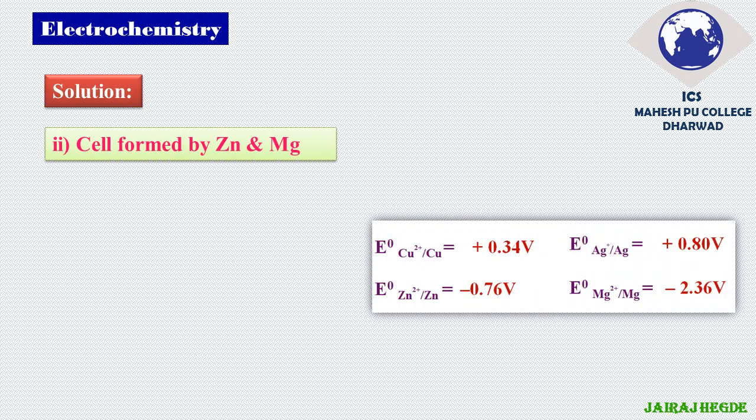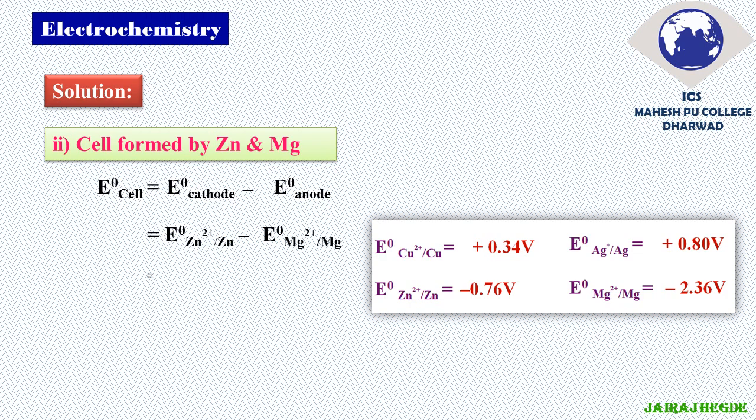Second question. The cell formed by zinc and magnesium. If it has to be a working cell, the one which undergoes oxidation, the anode, should have the lower value of reduction potential. So that's why the anode should be magnesium and the cathode should be zinc. So the E naught cell will be equal to E naught cathode minus E naught anode. E naught cathode is zinc, minus magnesium.